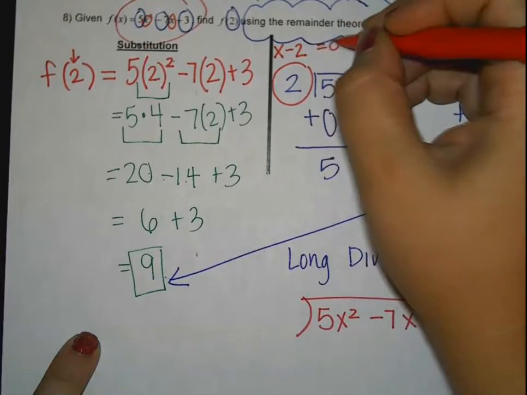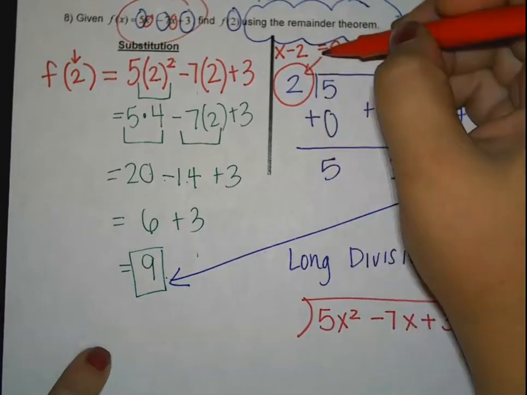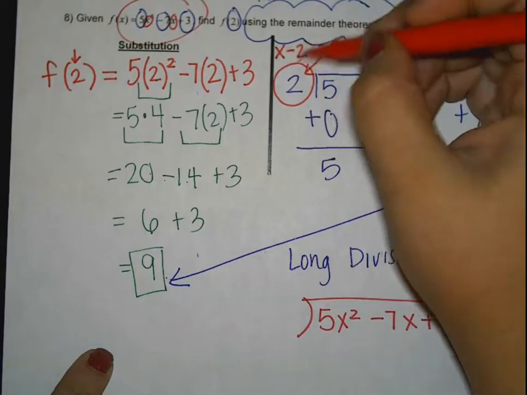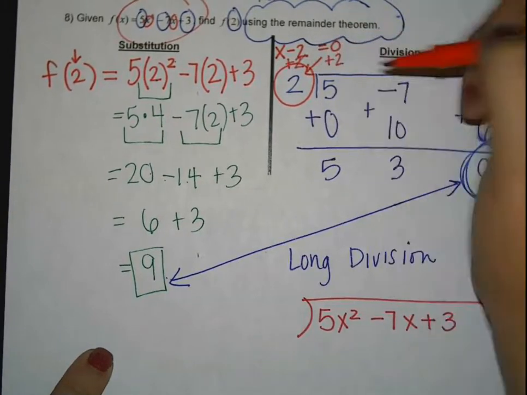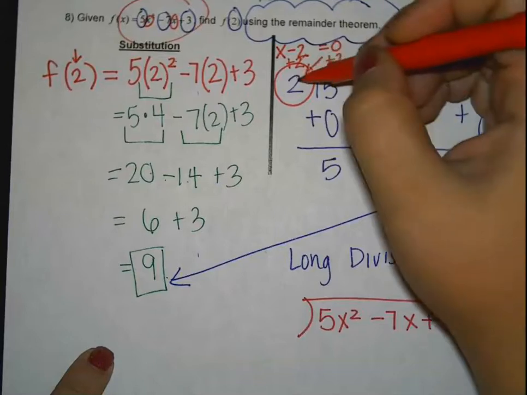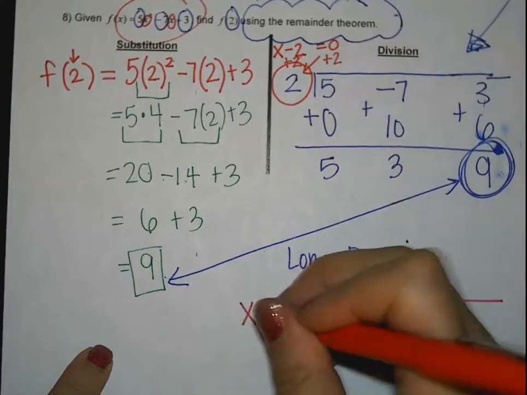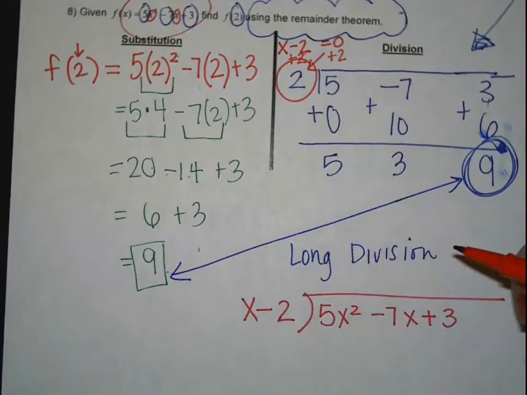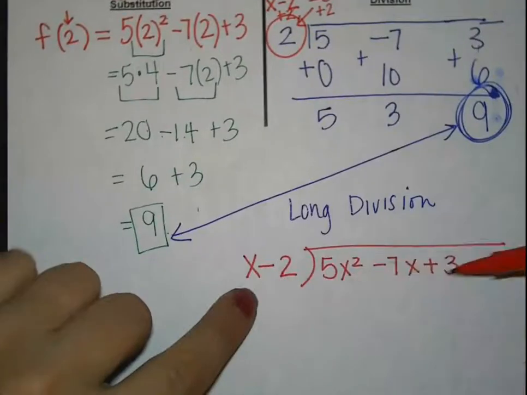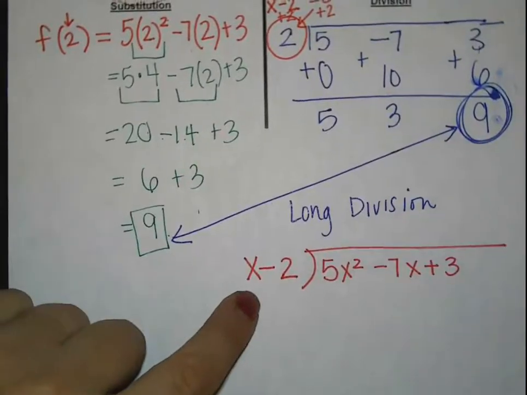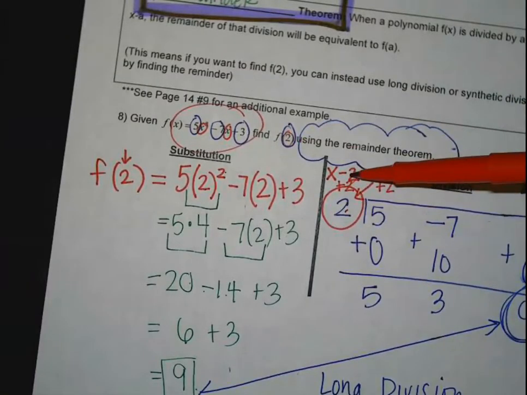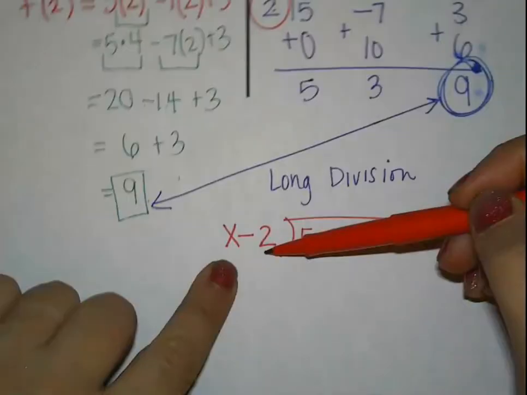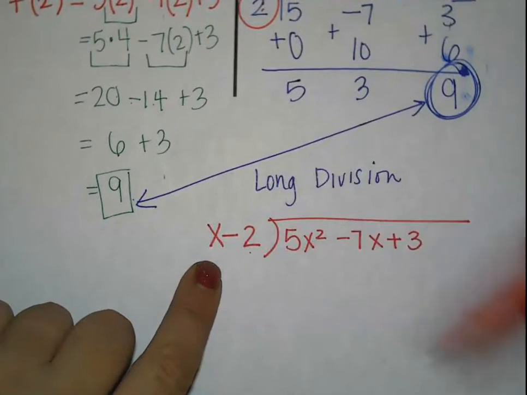Because remember, the number that goes out here is what you get when you set the denominator equal to 0. So then if we added 2 to both sides, we would get x equals 2. So that is how I know that there should be an x minus 2 out here. Because with long division, this is where all the x's are. So this 2 right here, I'd have to go backwards. It came from x minus 2 equals 0. So that's how I know to put an x minus 2.